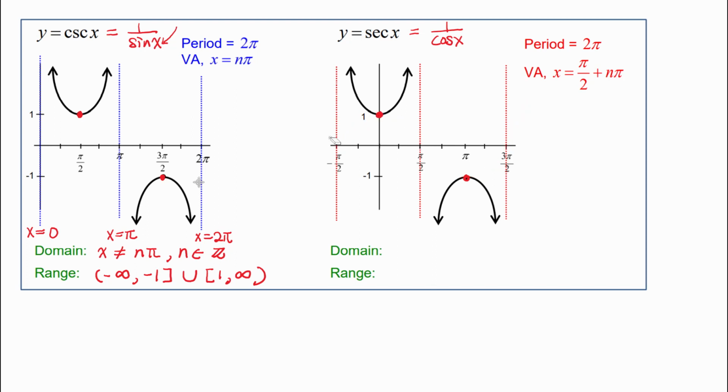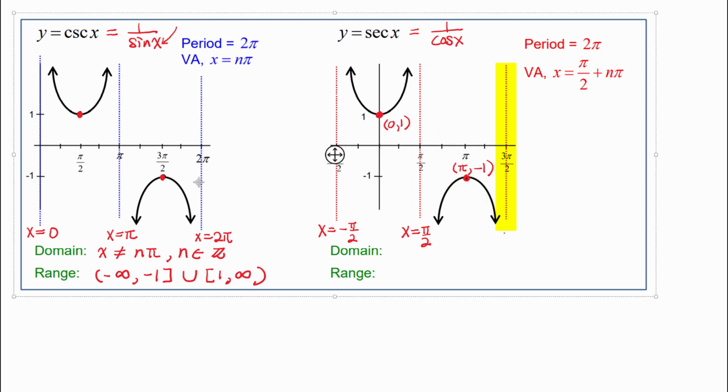So then your 5 key values are: first asymptote, x equals negative pi over 2, and you have a relative minimum at (0, 1), and you have a second vertical asymptote, x equals pi over 2, and your relative maximum at (pi, negative 1), and your last key value is another vertical asymptote, which is 3 pi over 2.